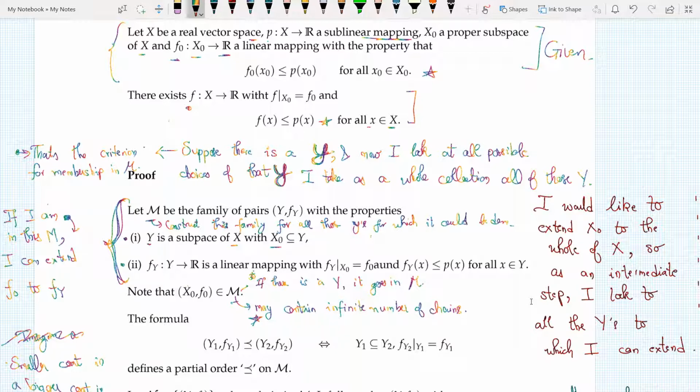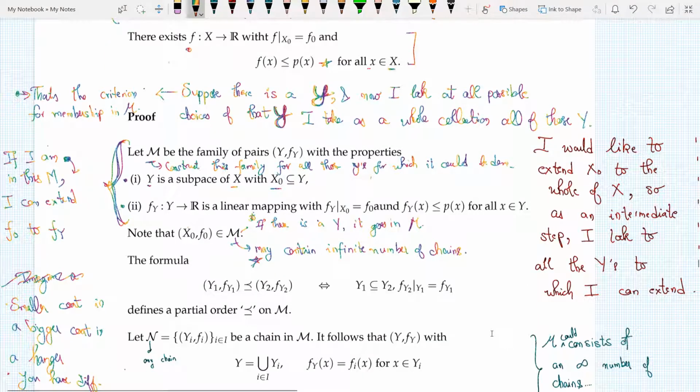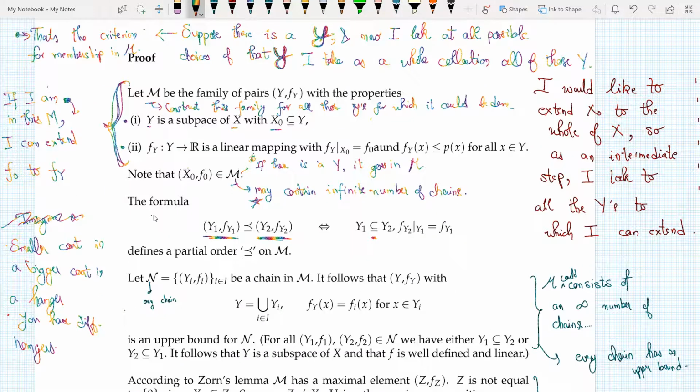And now we are saying that M is not empty because (X naught, f naught) is a member of my M. And the next thing that I want to show is that these subspaces are nested within each other. What I mean is that the pair (Y1, f of Y1) is less than or equal to (Y2, f of Y2) if and only if Y1 is a subset of Y2 and f of Y2 restricted to Y1 is equal to f of Y1.